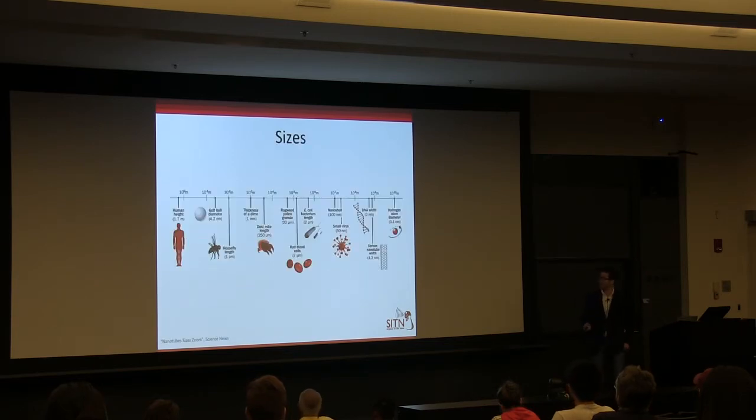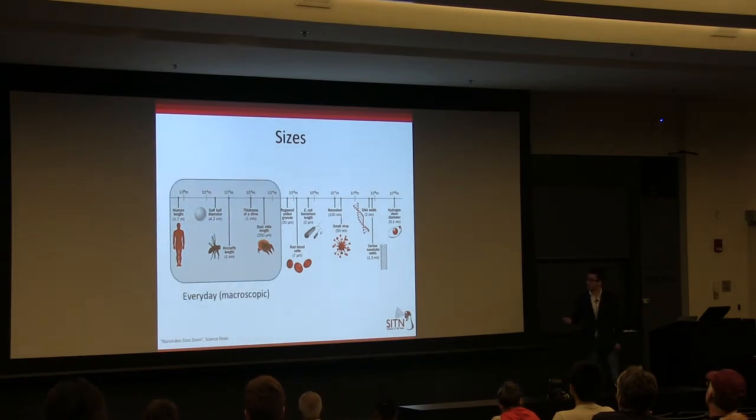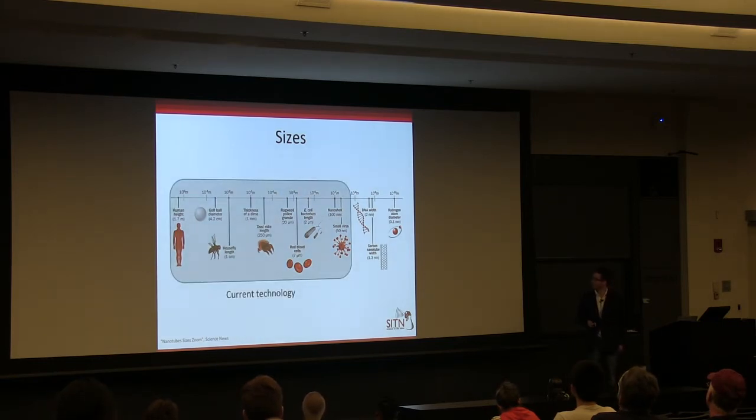Now, the thing to keep in mind as we dive into this quantum realm are the sizes that we're going to be dealing with. So most of what we were familiar with in our day-to-day lives is maybe somewhere in this area here. Somewhere maybe between the size of a person and maybe a dust mite at the lower end. Now, a lot of our current technology, for instance, the processor on your phone, maybe that has components that go all the way down here.